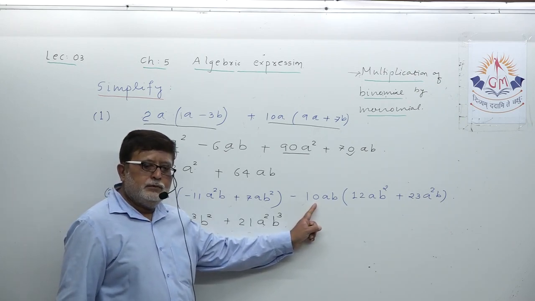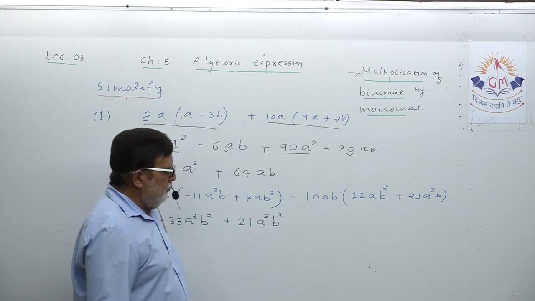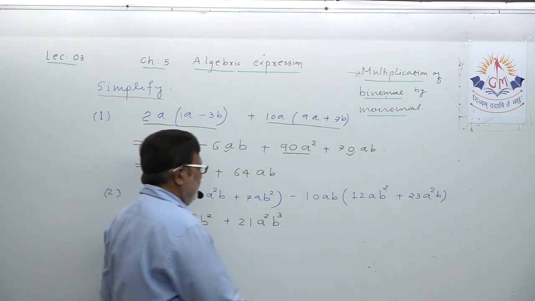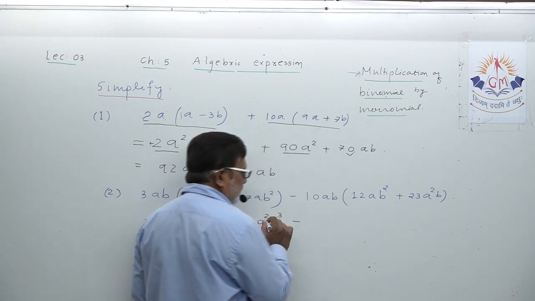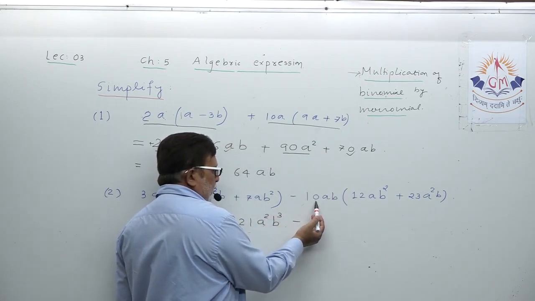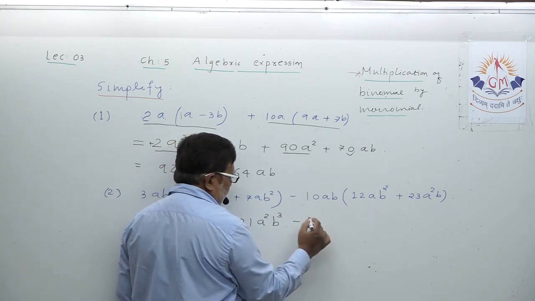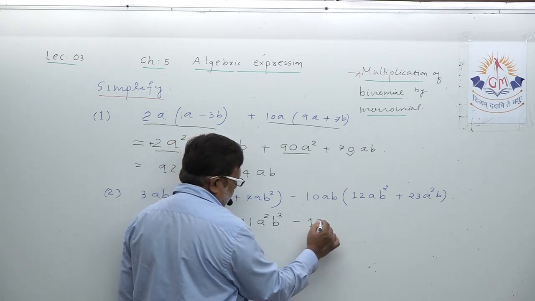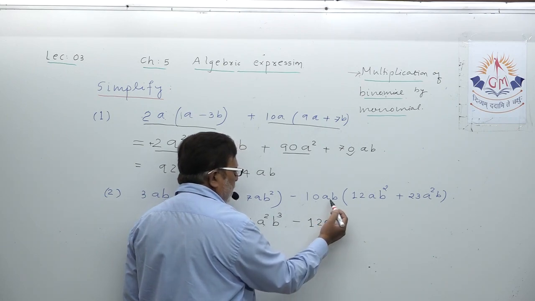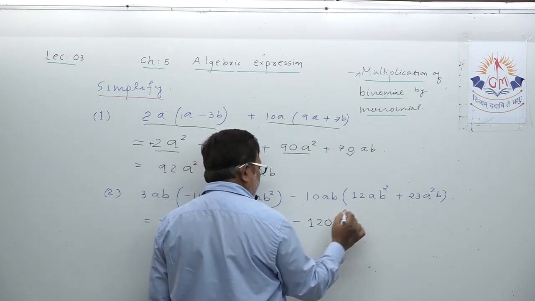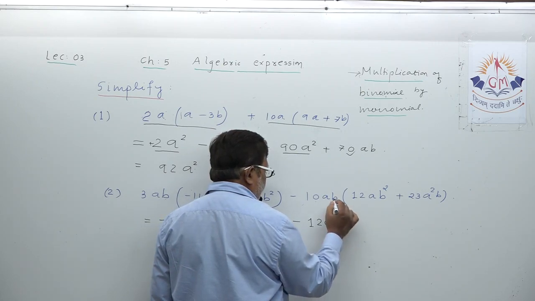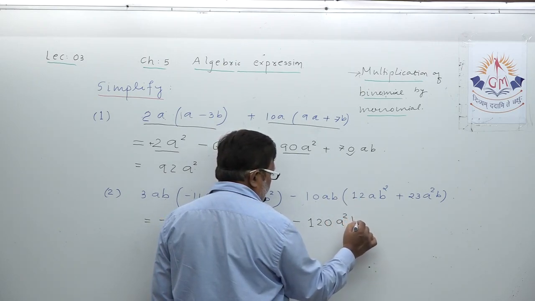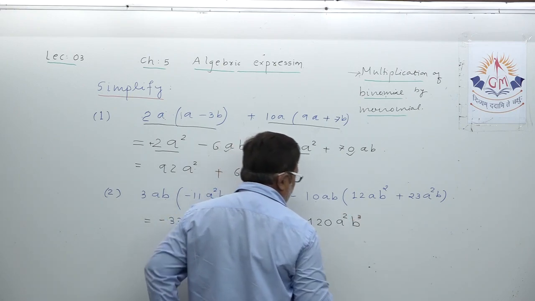Now you have to target this one, okay? Minus plus minus 10 into 12, 120. A into a, that is a square, b into b square, that is b cube.